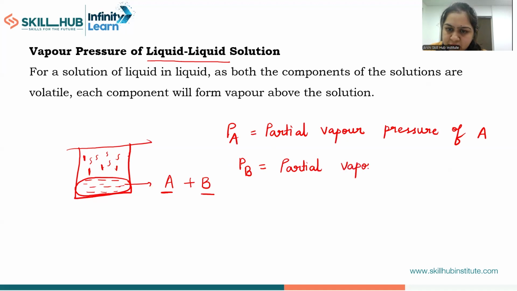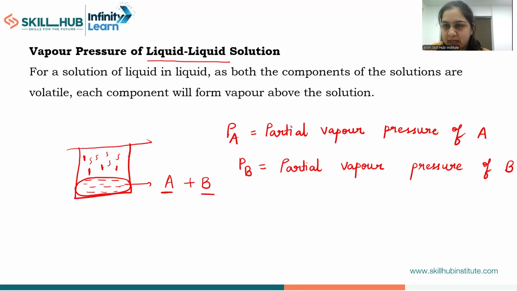Why do I call it partial? Because some of the pressure that will be exerted, that will be the total vapor pressure, will be partially from A and partially from B. So that is why I call PA the partial vapor pressure of A and PB the partial vapor pressure of B.